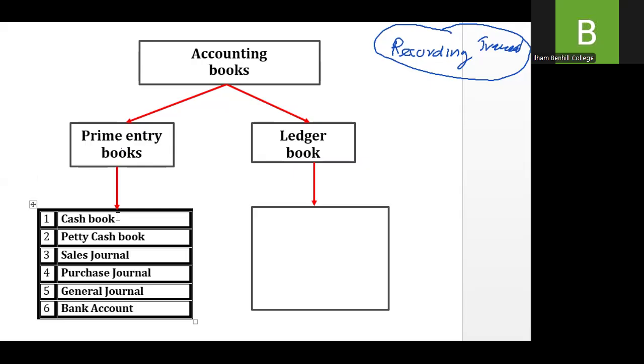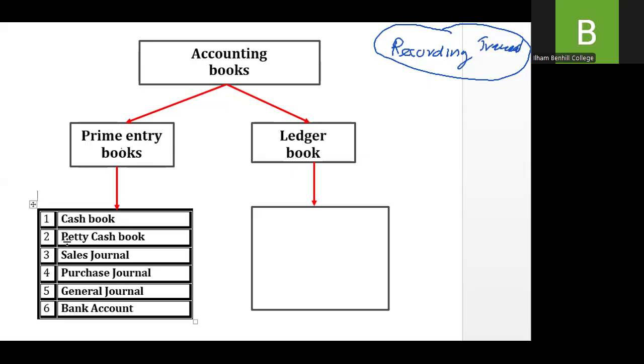You may have to study a maximum of around 35 transactions for your entire exam. So in the cash book alone, we record 14 transactions. Out of them, 12 are cash transactions, which either increase or decrease cash. Let me discuss the cash book in another video.